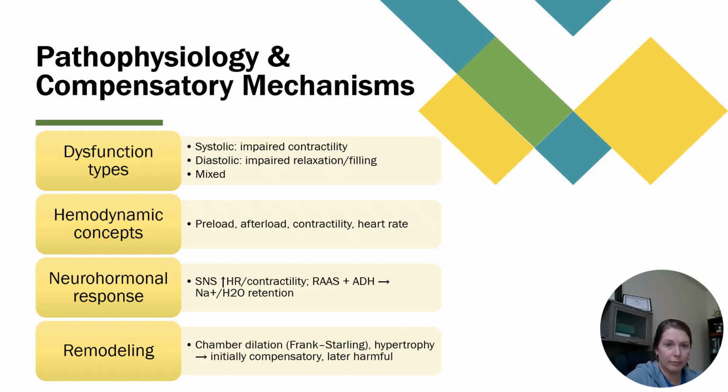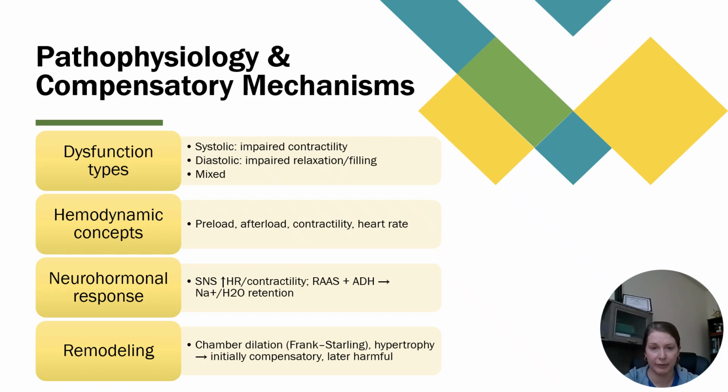So we have two types of dysfunction, systolic and diastolic. Systolic is going to be dealing with impaired contractility, and diastolic is going to be the impaired relaxation, so our filling phase. We can have a mix of the two as well.